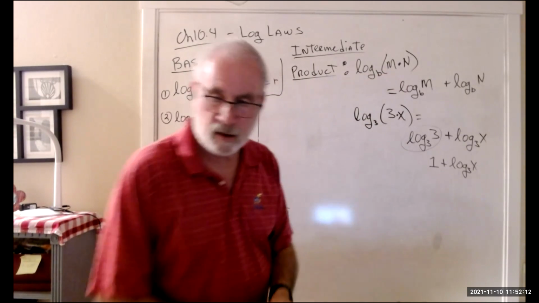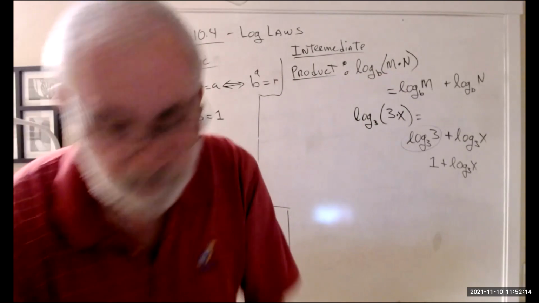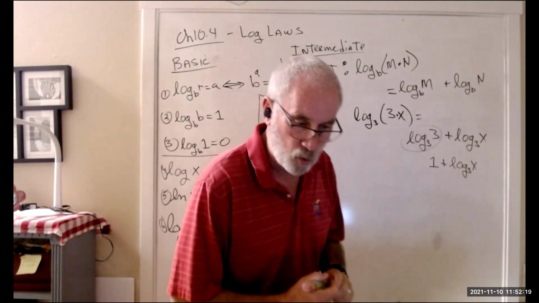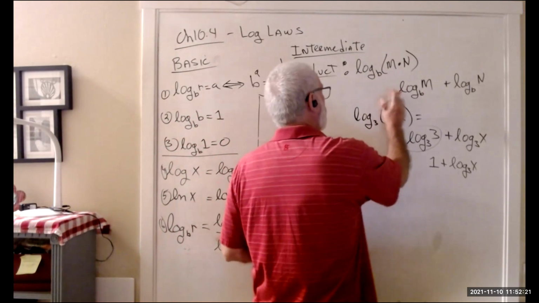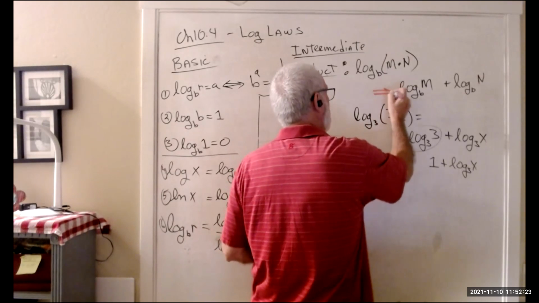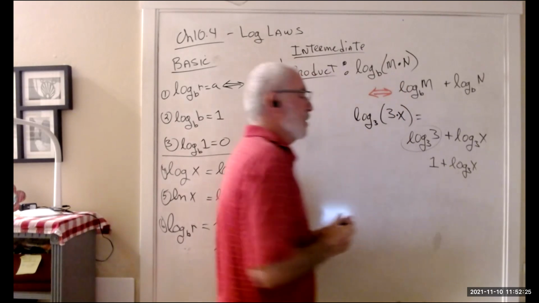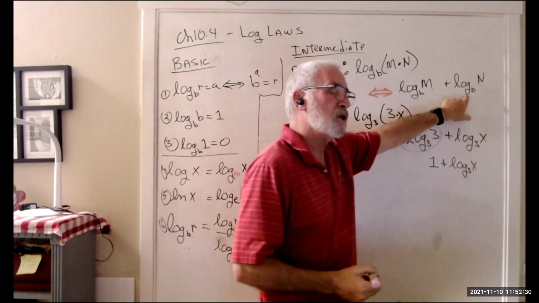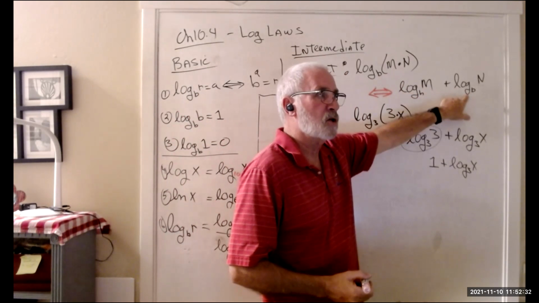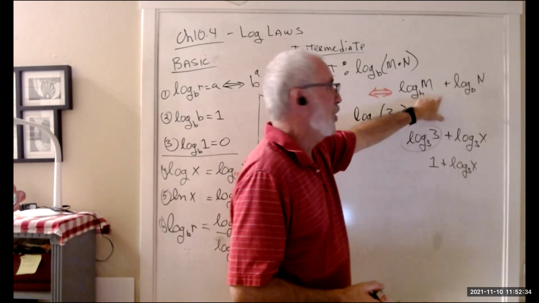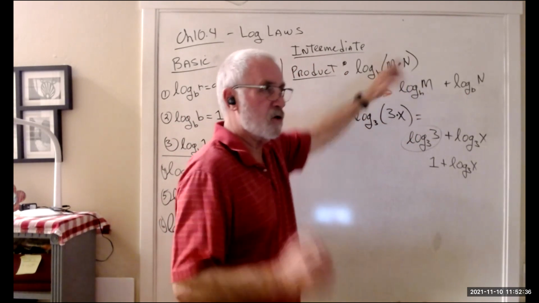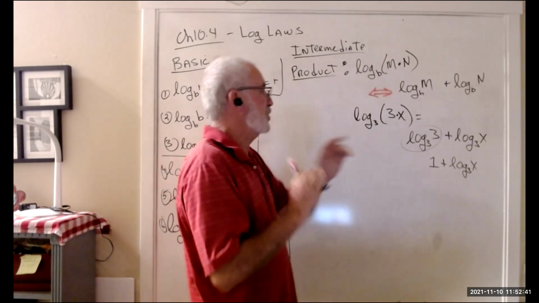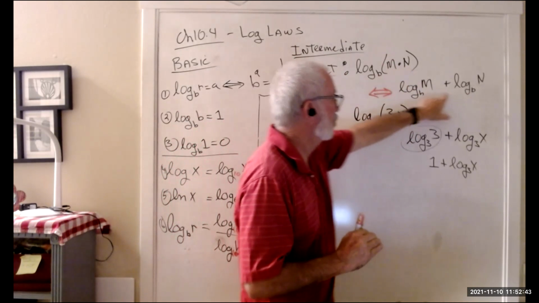Now, I hate to burst your bubble, but this is called a bidirectional rule. I should have written a double arrowhead here, because what it says is if you have two separate logs that are adding, you can condense them into one log that's multiplying.